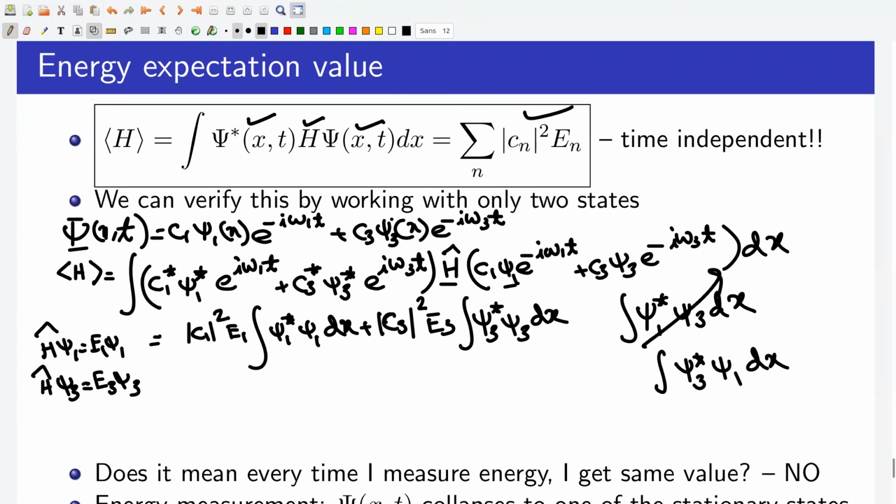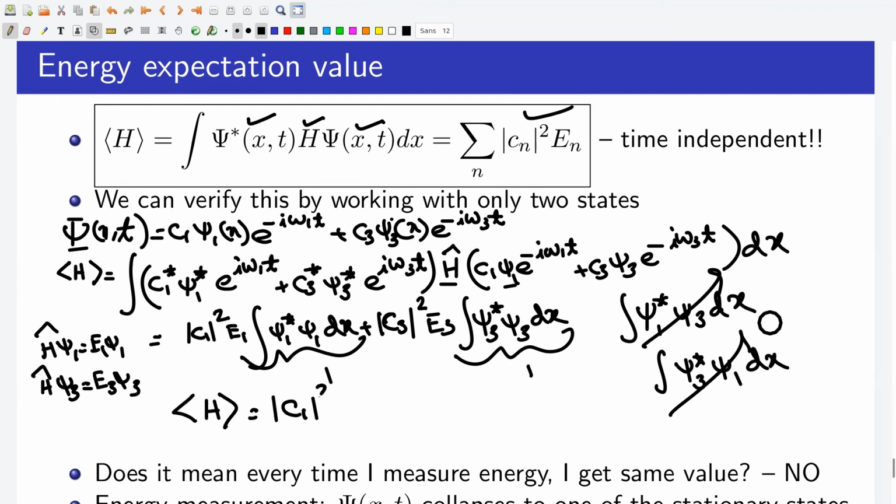Because of orthonormality, these terms go to 0. And again, because of orthonormality, this term is equal to 1 and this term is equal to 1. Which implies that the energy expectation value is equal to mod C1 square E1 plus mod C3 square E3.